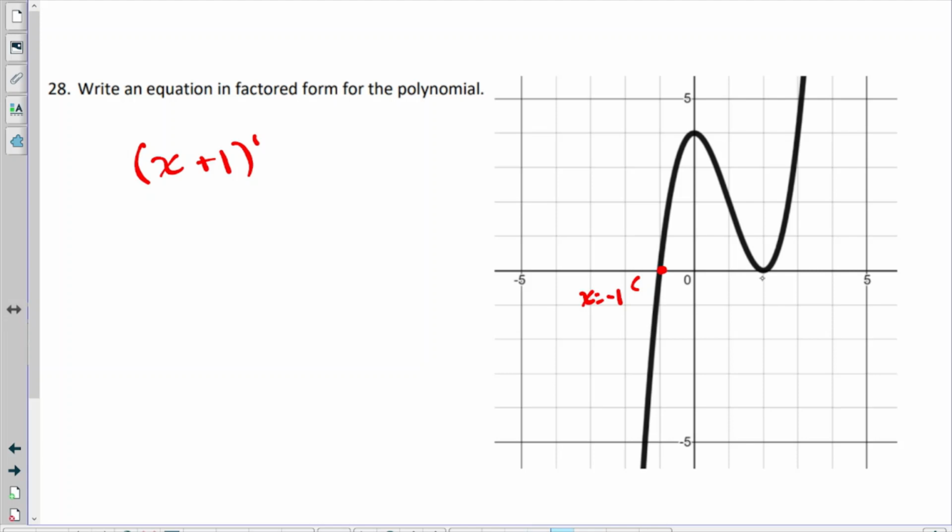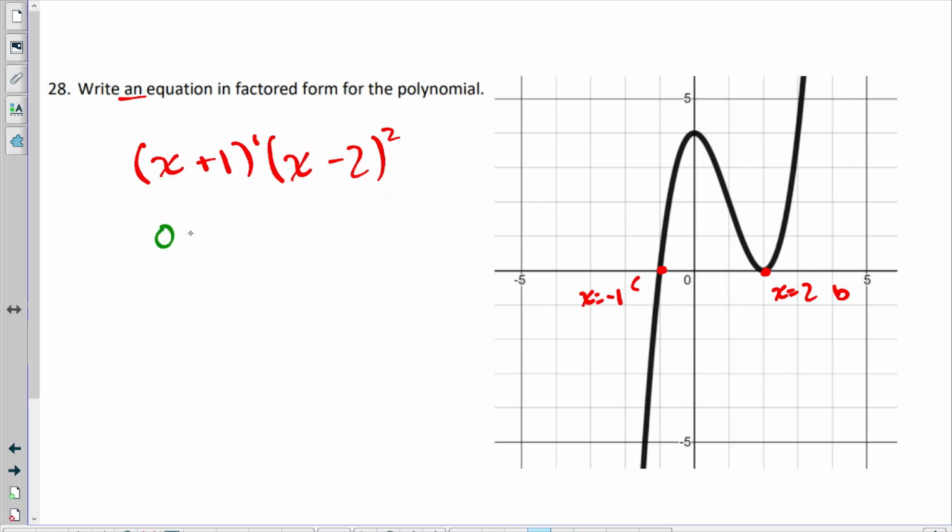And so in my equation, I need the opposite, x plus 1. Okay. And then my other 0 is at this point, which is at x equals positive 2, and I'm actually bouncing through it, which means I should have an x minus 2, because that would make x equals 2 make this function 0, to the power 2. And then the only last thing to check, which you actually don't have to be perfect for, because I did say an equation, which means you could have this in various ways, but we do have the scale to find the y-intercept, and I think it just so happens that this function works out.